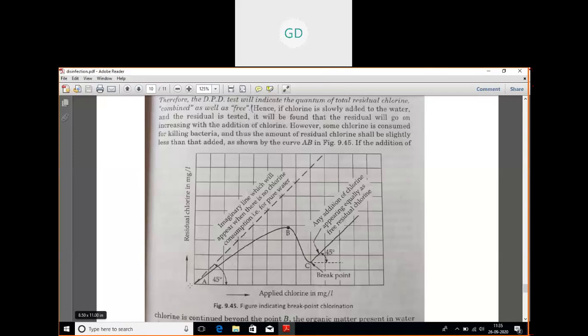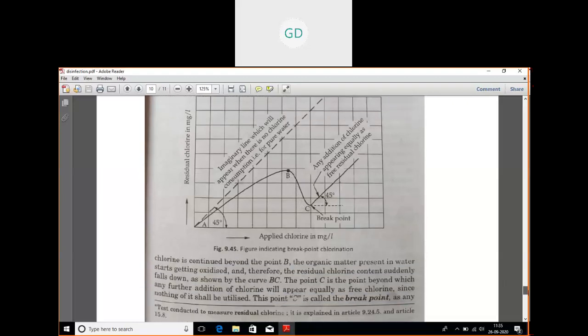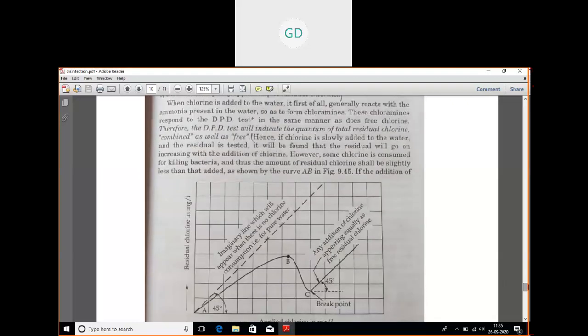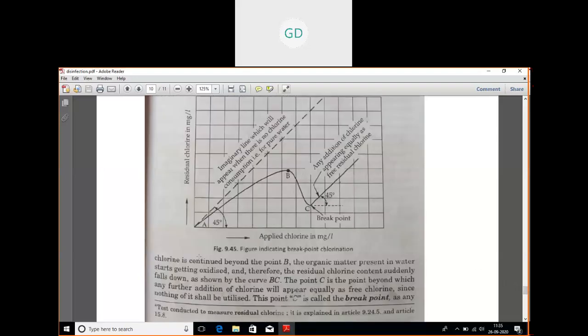Now from B to C, the curve has fallen down. Why has it fallen down, let us see. What is written here: if the addition of chlorine is continued beyond the point B, the organic matter present in water starts getting oxidized, and therefore the residual chlorine content suddenly falls down.